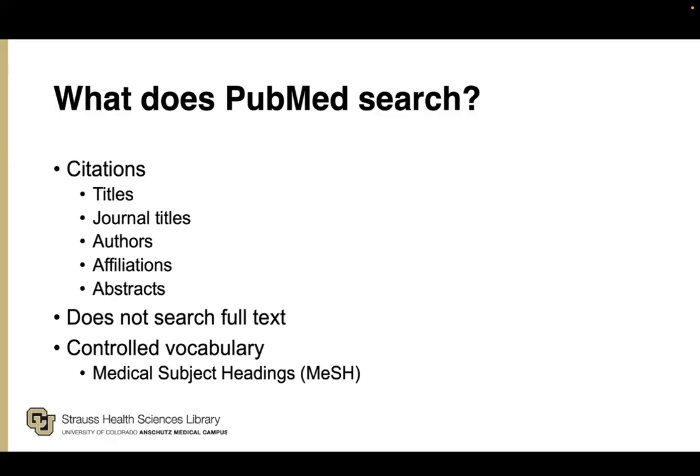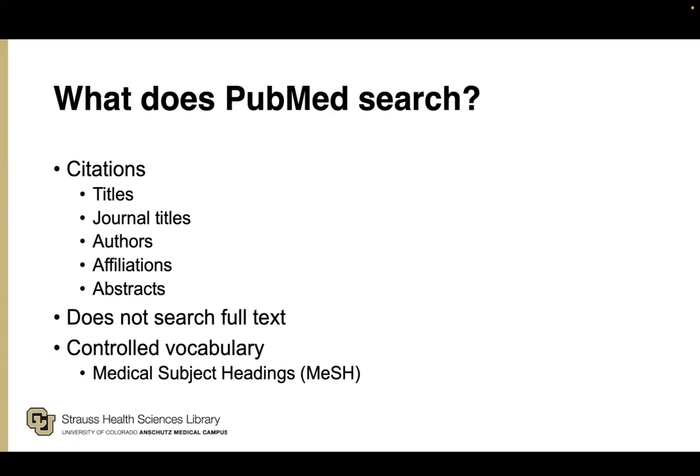For folks on our campus, their affiliation would probably be the University of Colorado Anschutz Medical Campus. Sometimes they also add their department or particular school. If somebody was reading the article and wanted to know where this person came from, they could look at the affiliation field.